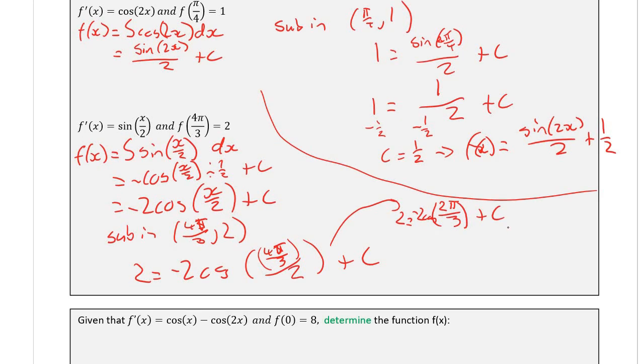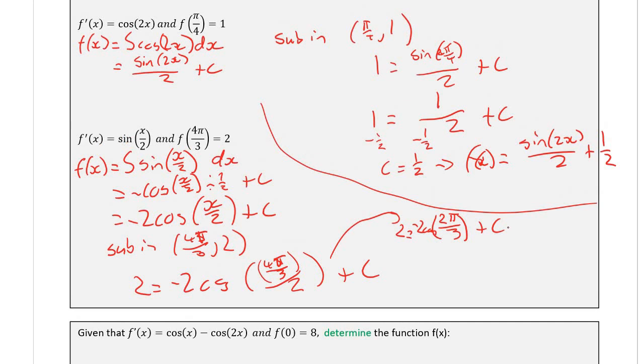Cos 2/3 pi, what's that in terms of angles? So 2/3 pi, what is that in degrees first? You guys stress me out.